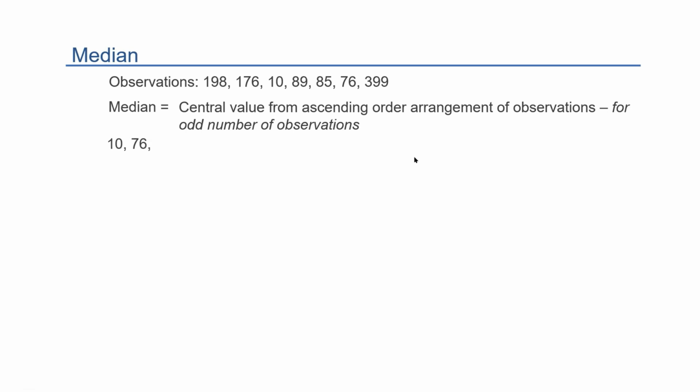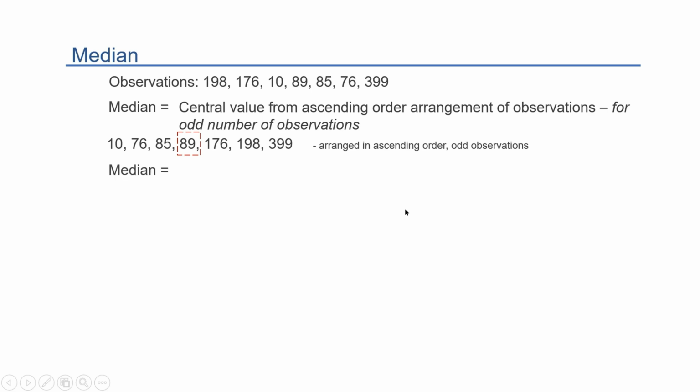So let us arrange our data in ascending order: 10, 76, 85, 89, 176, 198 and 399. Now this 89 falls in the center, so this will be our median for this collection of data.